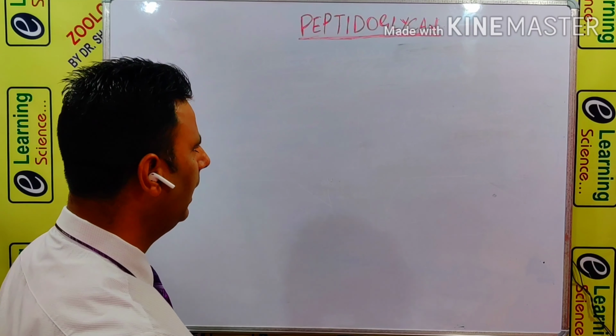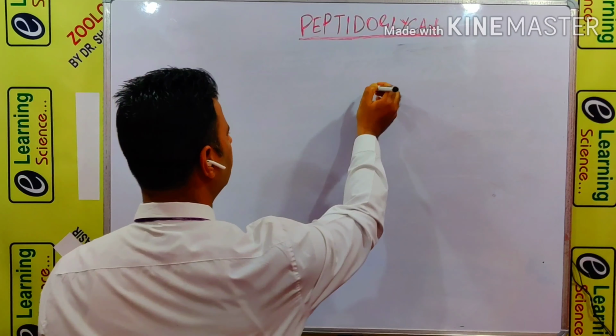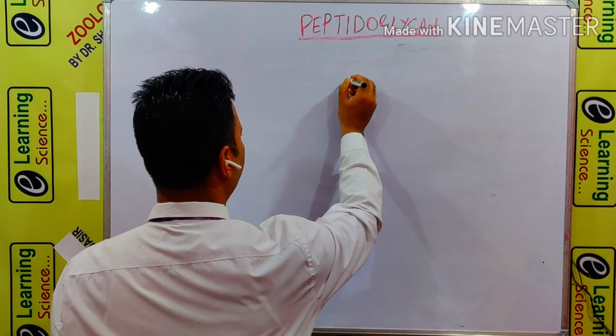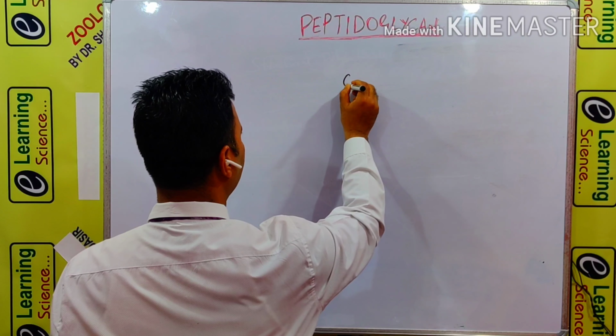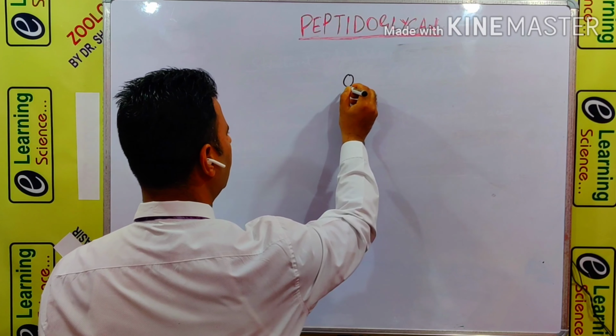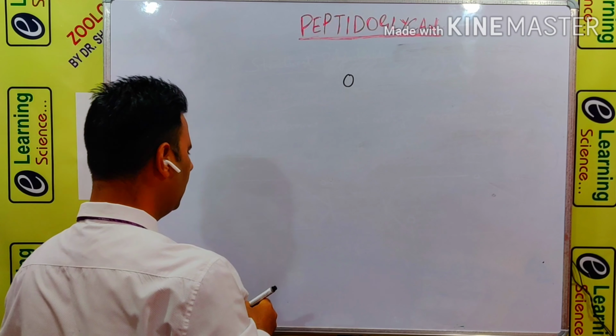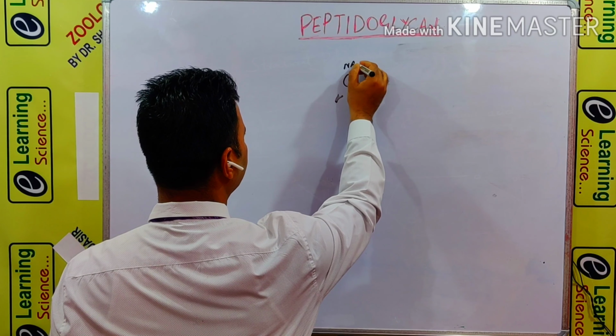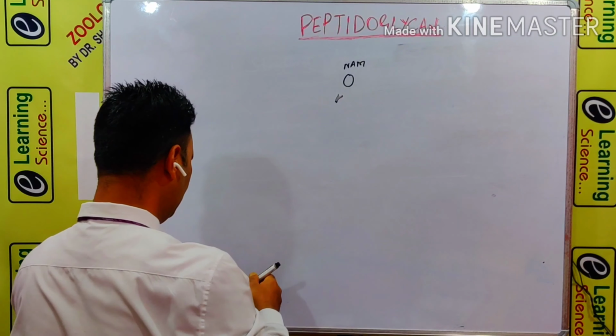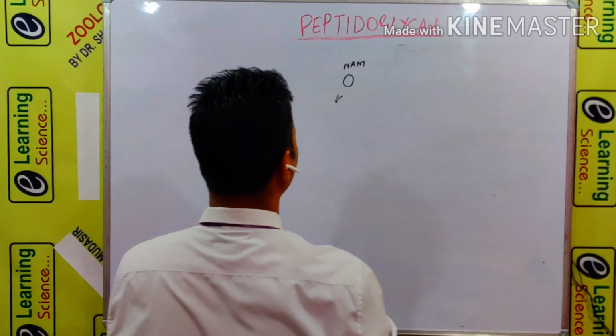This peptidoglycan, you will find, is made up of two monomeric units: N-acetylglucosamine and N-acetylmuramic acid. Here we have N-acetylmuramic acid, and here N-acetylglucosamine.